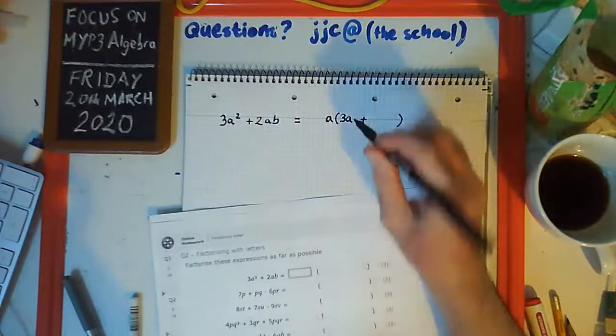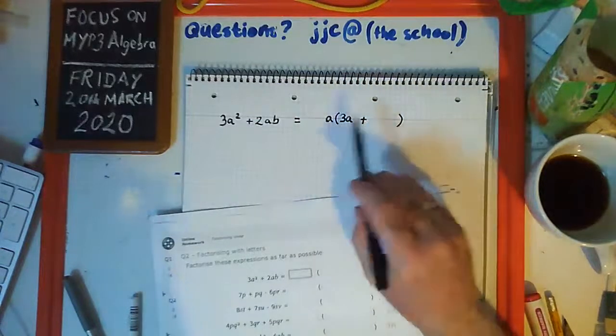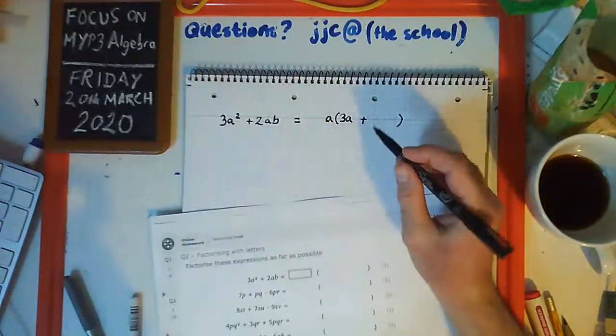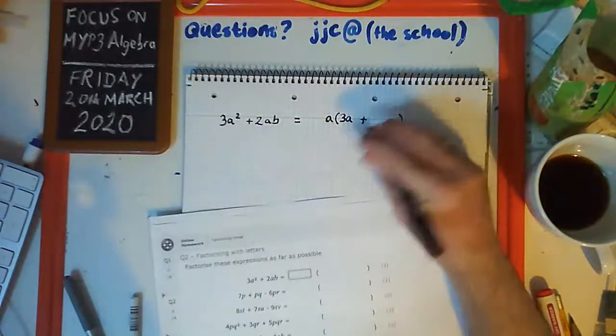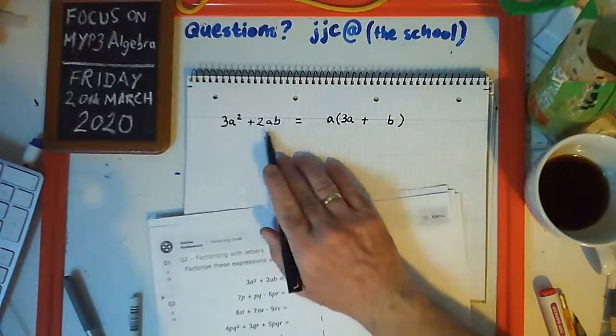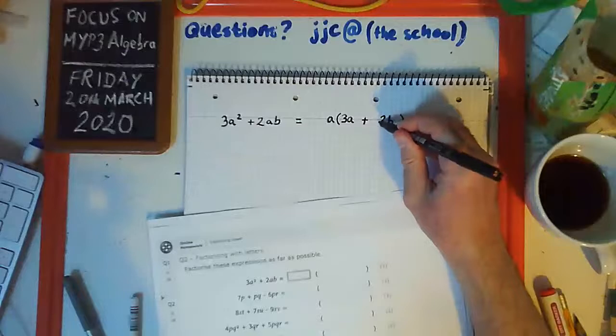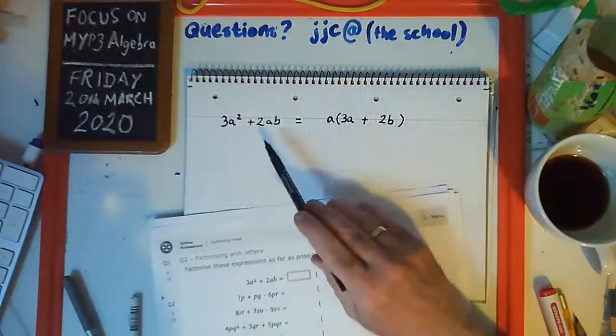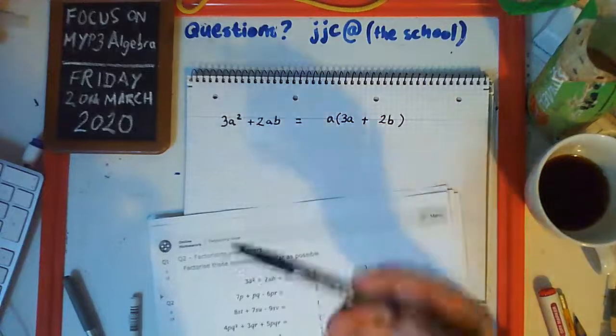Then I'm asking myself, what inside the bracket, when I multiply it by a, will give me 2ab? Okay, so a times b will give me ab. And if I stick a 2 in front of that, a times 2b will give me 2ab.